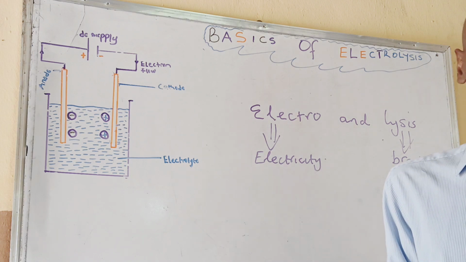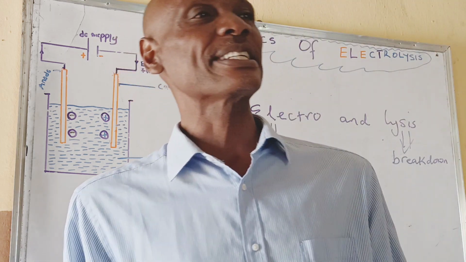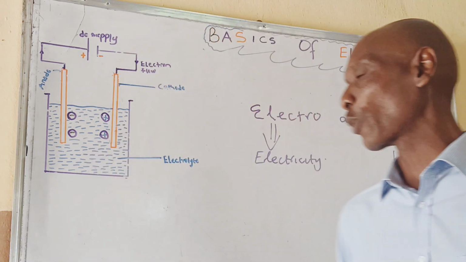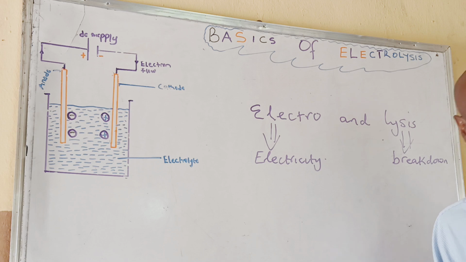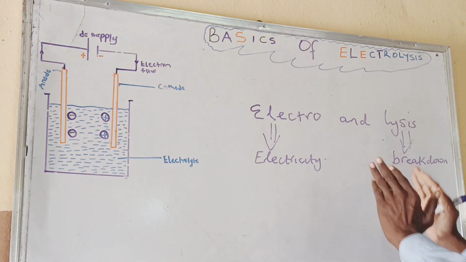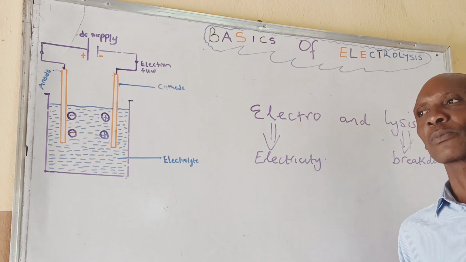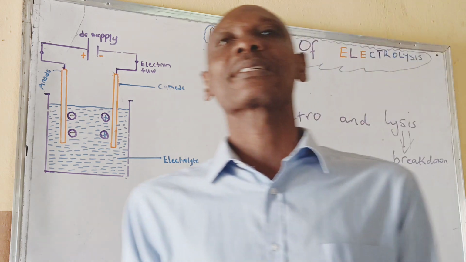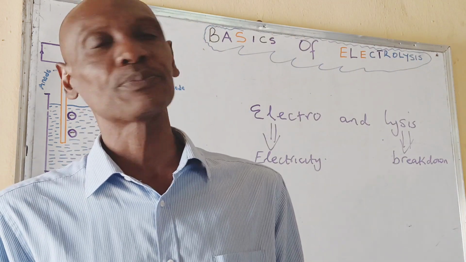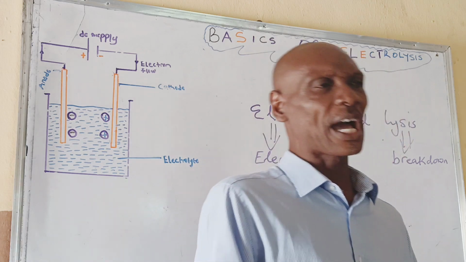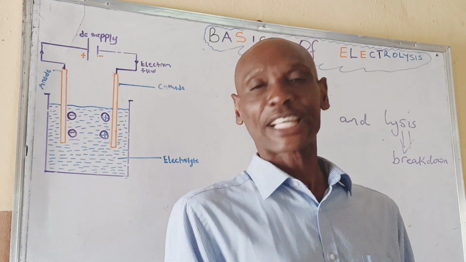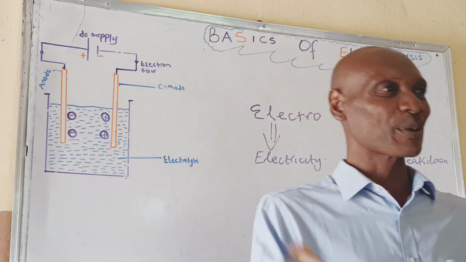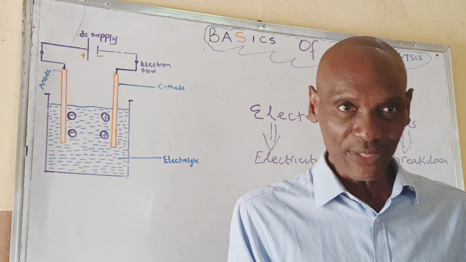All right, I know you'll be interested in finding out, is it any kind of substance that we can pass current through, or are there certain types of substances that we'll specifically be interested in? All right, let's assume we're in the kitchen now. In the kitchen we have the kitchen salt, which I'm sure everybody is familiar with.